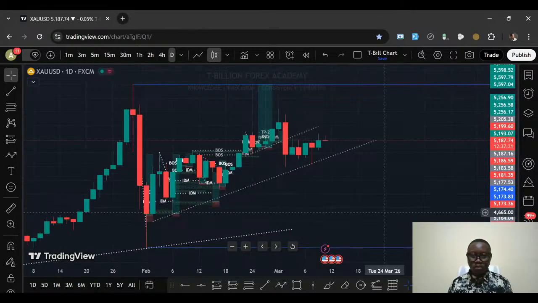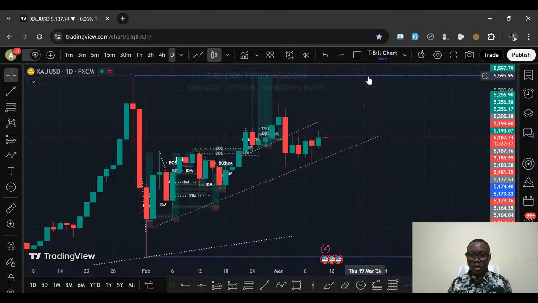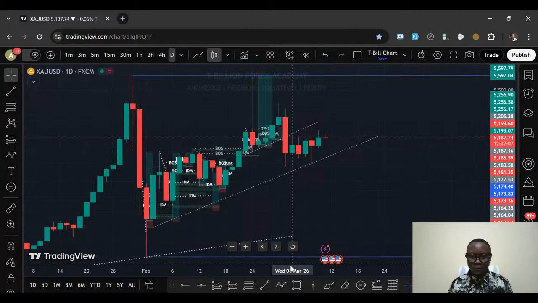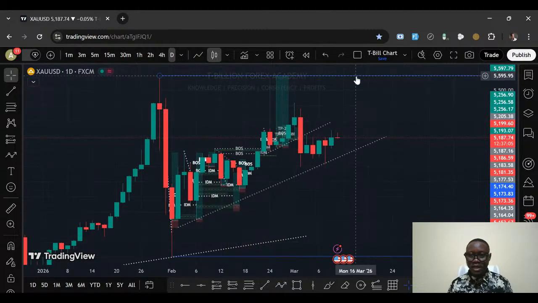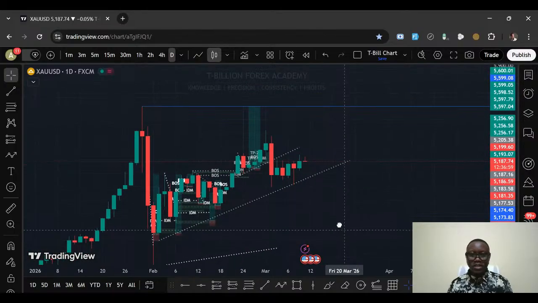Gold is bullish, so basically we're expecting gold to take out this high. Until then, we are going to focus on buys, following the bullish trend. So we'll basically be looking for buy opportunities until this high is taken out. And that is it.